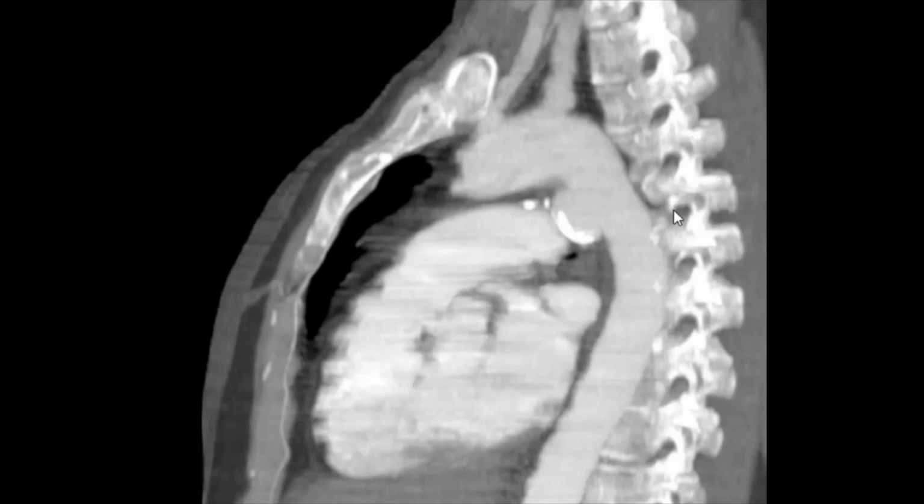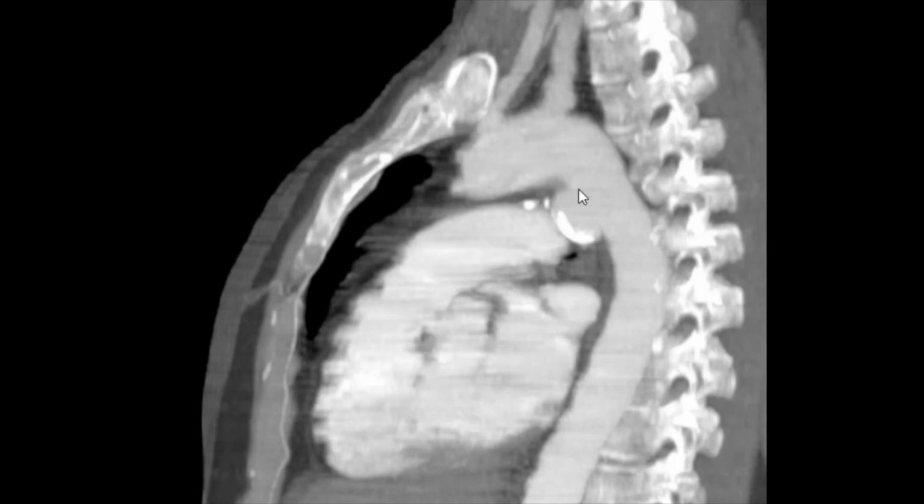Okay, this is an example of a normal finding, which can often be confused with an abnormal finding. This is an example of a ductus diverticulum. Because of its size, it can be a little confusing with the other condition you'd see here, which would be a pseudoaneurysm or acute aortic injury.